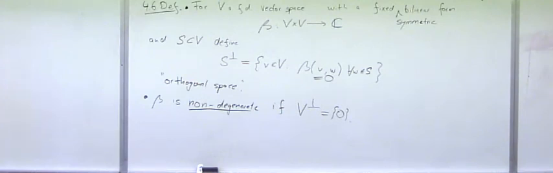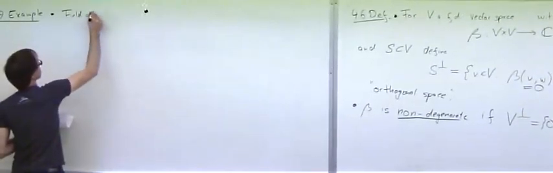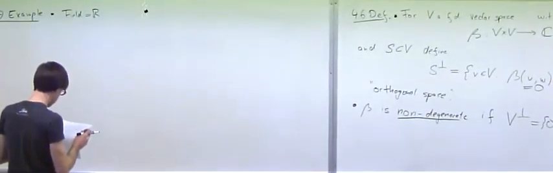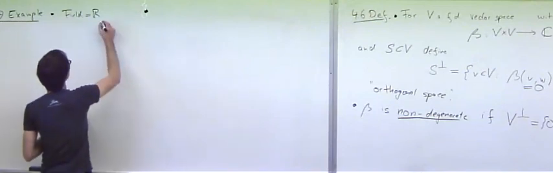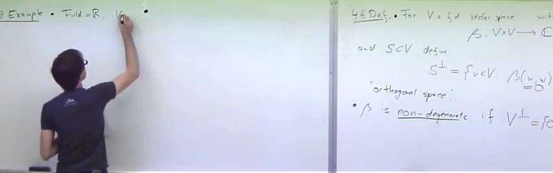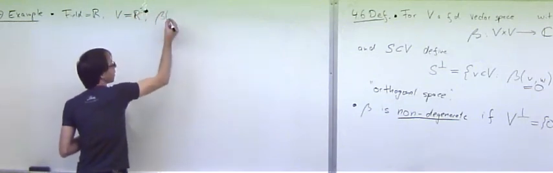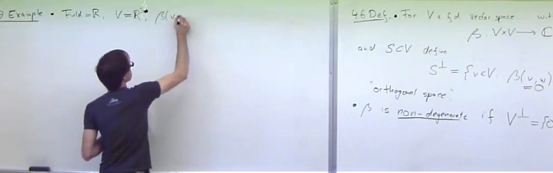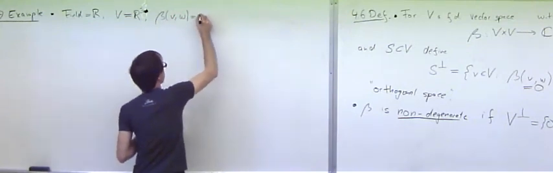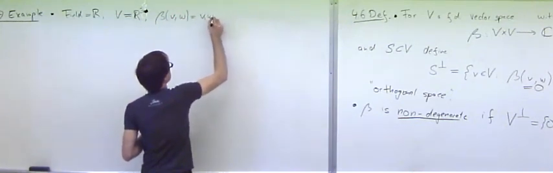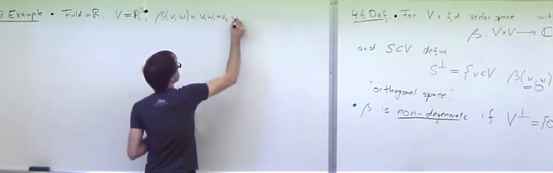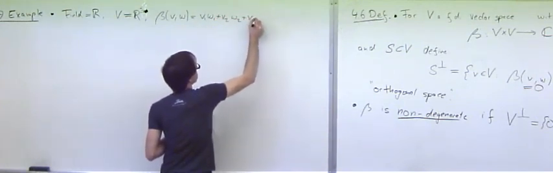So the first one, now actually the field is the real numbers, so it doesn't really fit with this definition, but this is the best known example, and the vector space is just R3, and the bilinear form, say of V and W, is given by V1 W1 plus V2 W2 plus V3 W3.